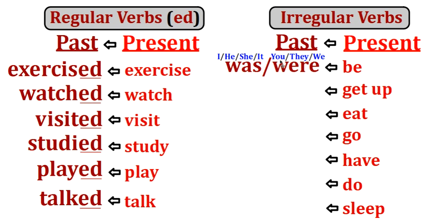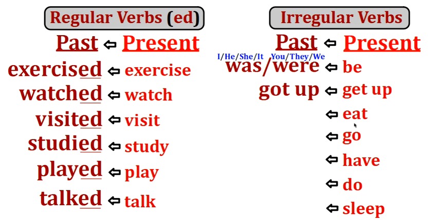The subjects you, they, and we are plural or can be plural, so we use the past tense were for the verb be.